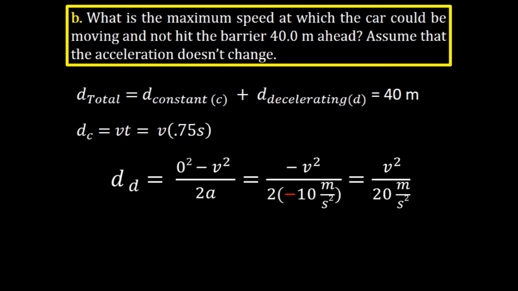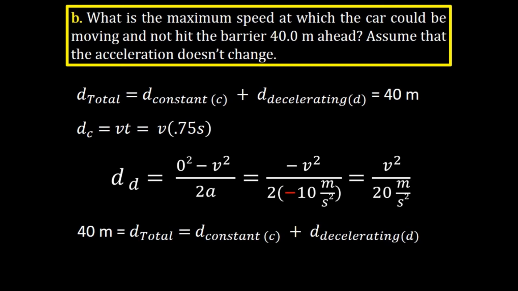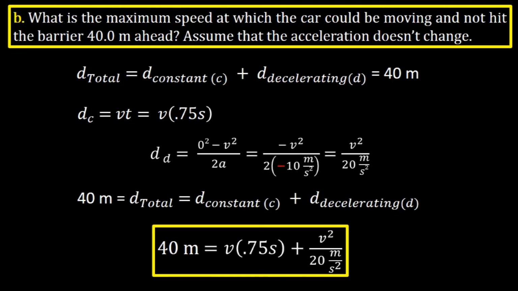So the deceleration process is going to be v squared over 20 meters per second squared, because that's 2 times 10. So 40 meters equals the total distance covered by the constant speed and by the deceleration.